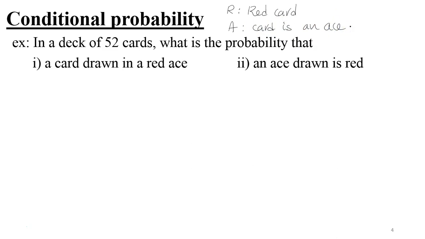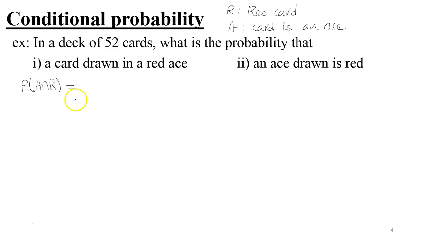So over here we have defined events R and A. In part I, I want to find the probability that the card drawn is a red ace, which means I want the card I have drawn to be red and an ace at the same time. So we're referring to the intersection of the two events. So what we need to find here is the probability of A inter R.